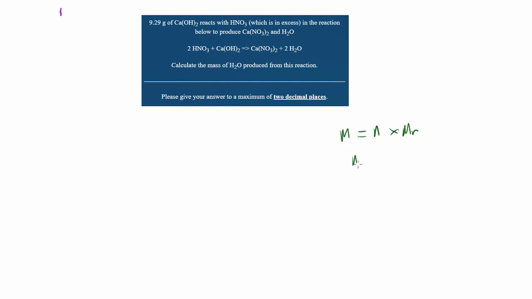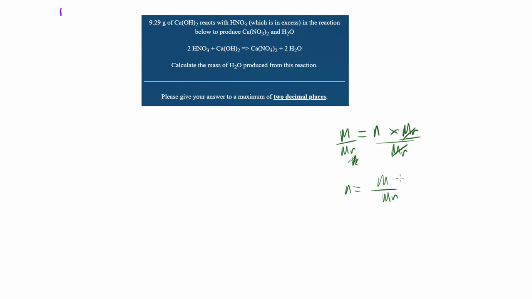So the moles would be, let's just work this out manually. The moles would be the mass divided by, so I'm going to rearrange. So if I do MR, you can see the moles is equal to the mass divided by the molar mass, right?